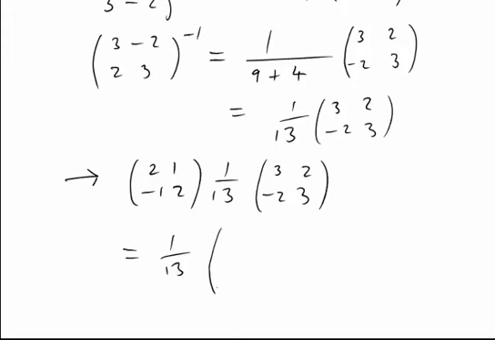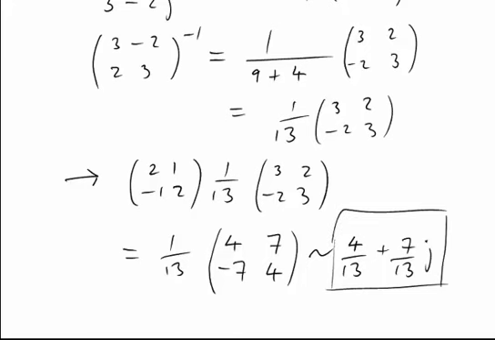And that comes out to be, 1/13 can be put at the front, and we end up with the matrix. First of all, 6 minus 2 is 4, then 4 plus 3 is 7, minus 3 minus 4 is minus 7, and minus 2 plus 6 is 4, and we think that should be equivalent to the complex number 4 over 13 plus 7 over 13 j.